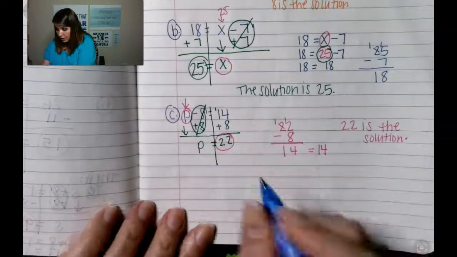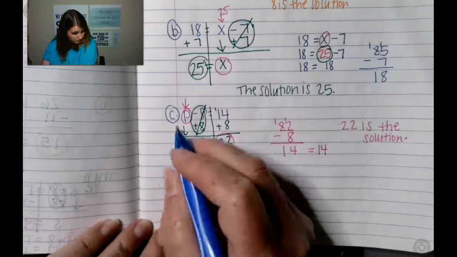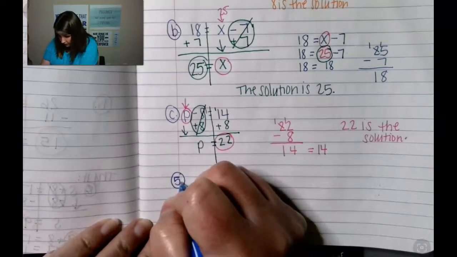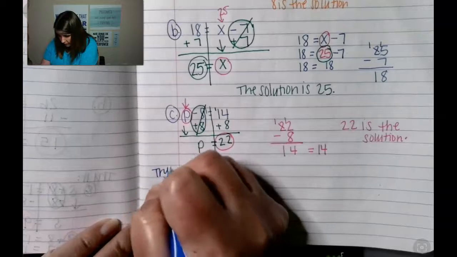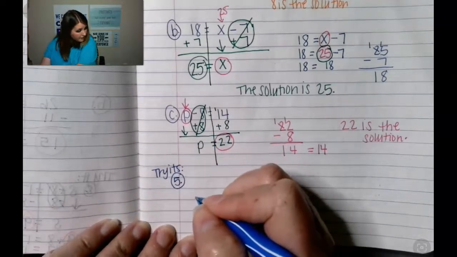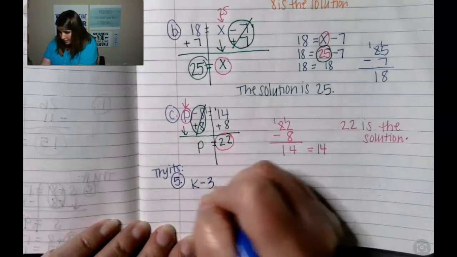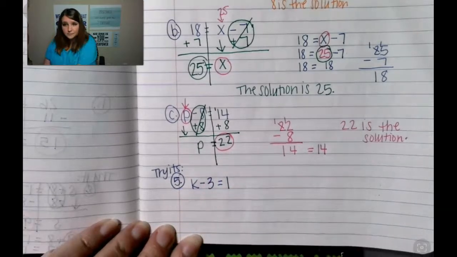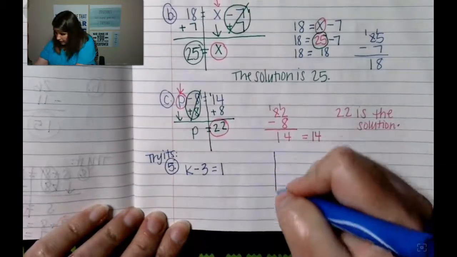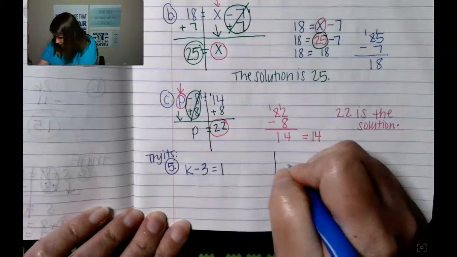Okay, it is your turn. It is your turn right now. I would like for you to do, this would be a try it number 5 if you were looking in the book. Try it number 5 says K minus 3 equals 1. And then we will do try it number 7.